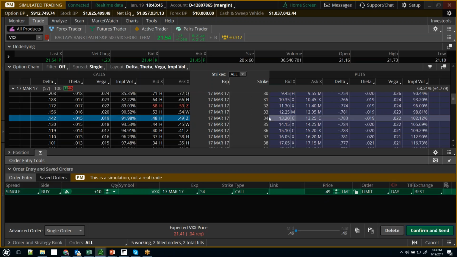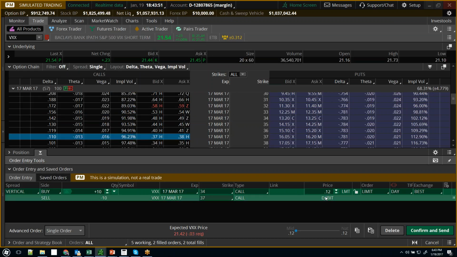But if I go about $3 out and I go short, I can turn this into a wonderful, handy-dandy bull call spread. Now, the debit on this is very, very cheap. In this case, 12 cents. I've got a $3 spread. What does this mean? It means that the max money I can make is $3 and I'm spending 12 cents to do it.